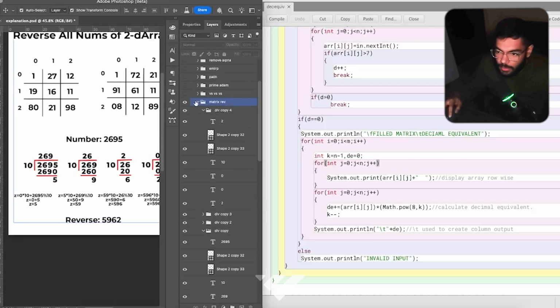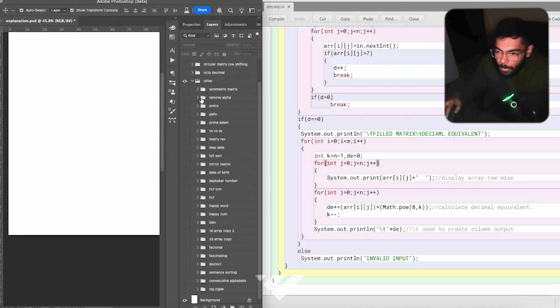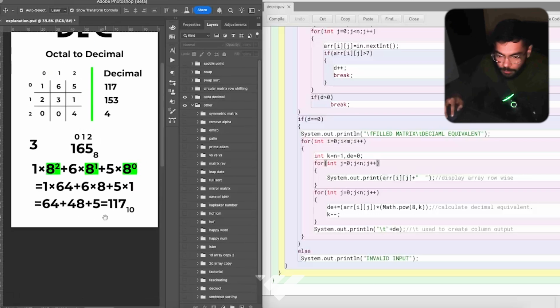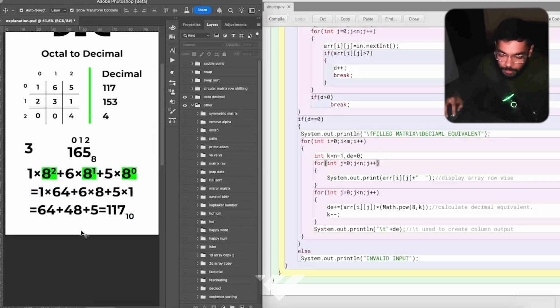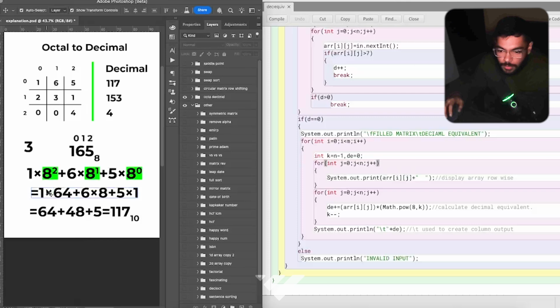The same way we are adding it for octal to decimal. This is much easier.